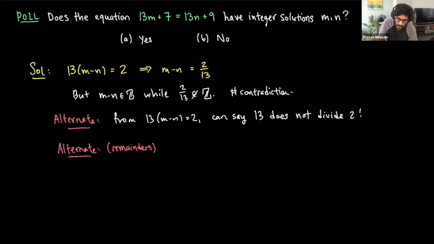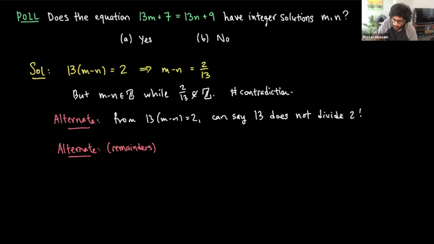What you can do is say, well, look at this division. See this integer here, 13m plus 7? What's the remainder when you divide by 13? 7. But on this side, 13n plus 9, the remainder is 9, right?